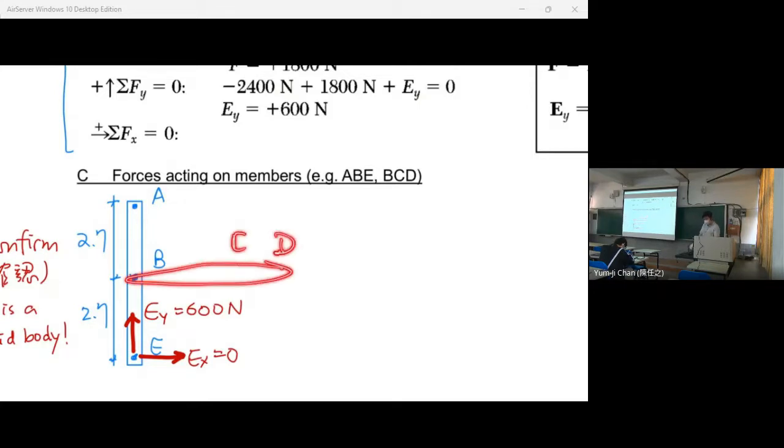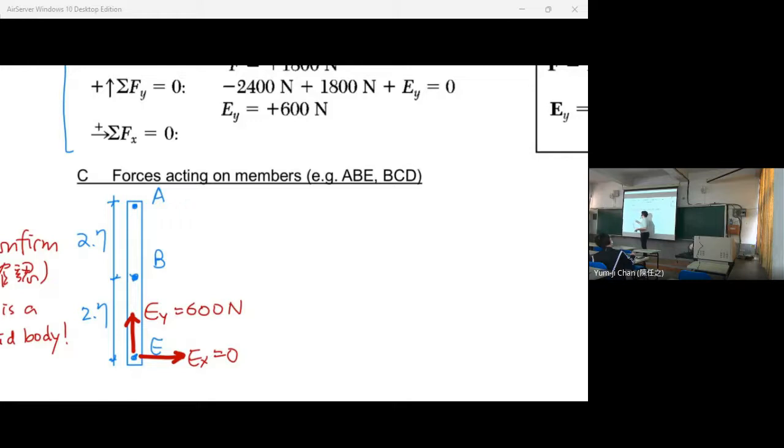So BCD cannot move to the left, it cannot move to the right. Can BCD go up and down here? No, it cannot go up and down. But it can rotate. So for BCD, it is fixed here. It can rotate like this, but it cannot go left or right. It cannot go up and down.